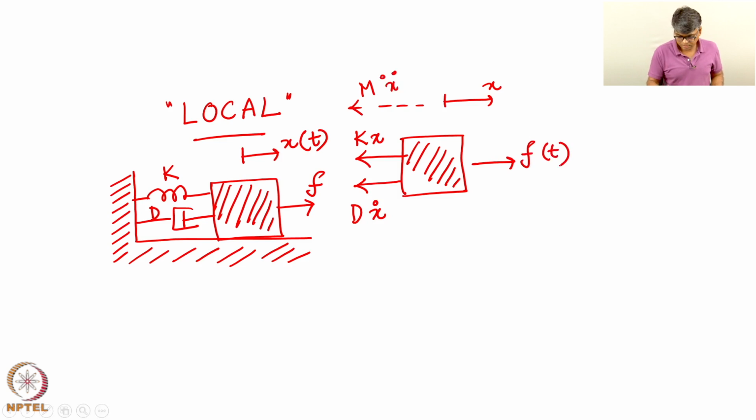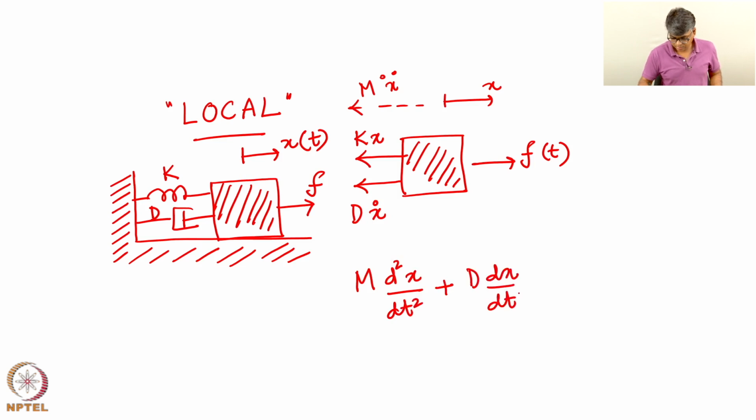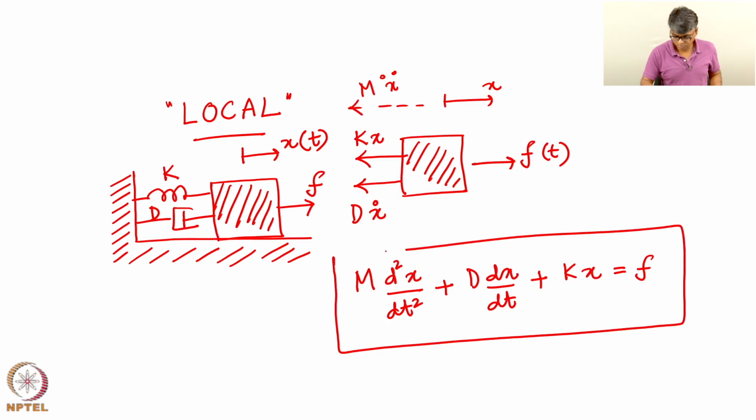So the differential equation that this system satisfies, which comes from the force balance equation applied to this free body diagram, is m d square x dt square plus d times dx dt plus k times x equals f. That is the differential equation.